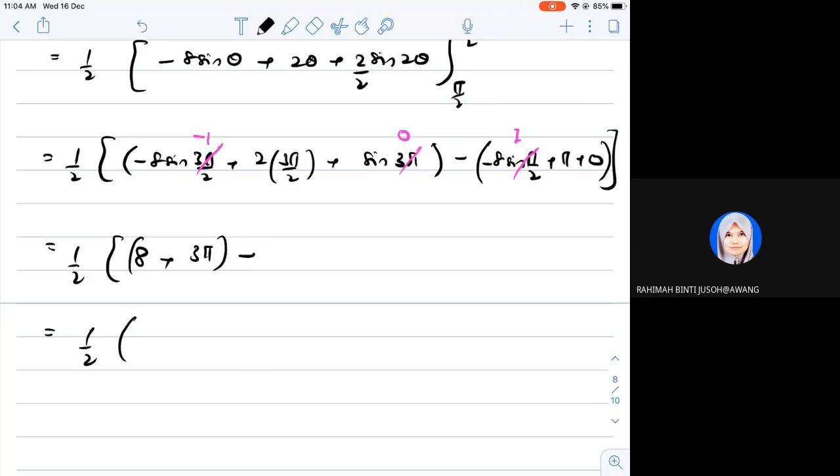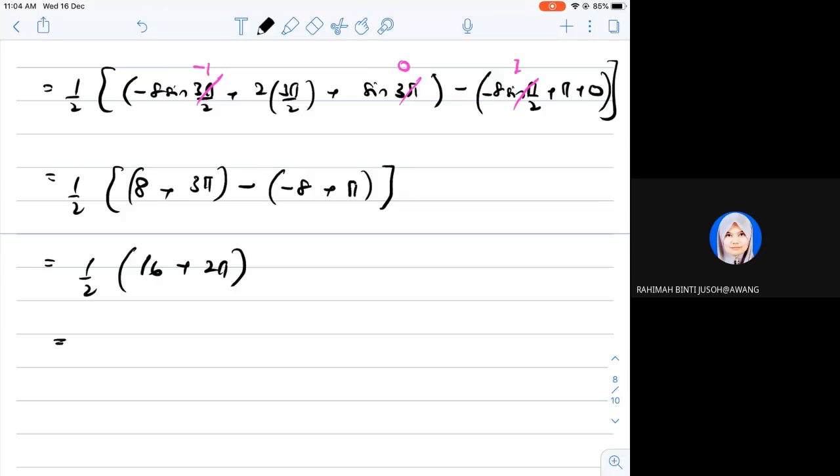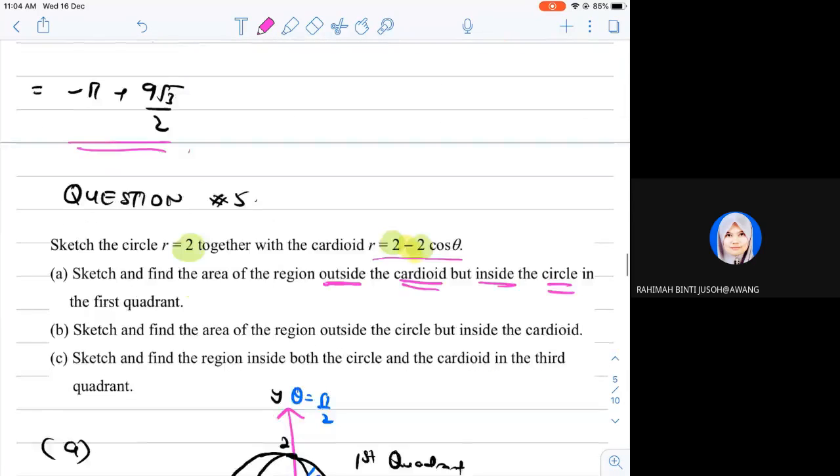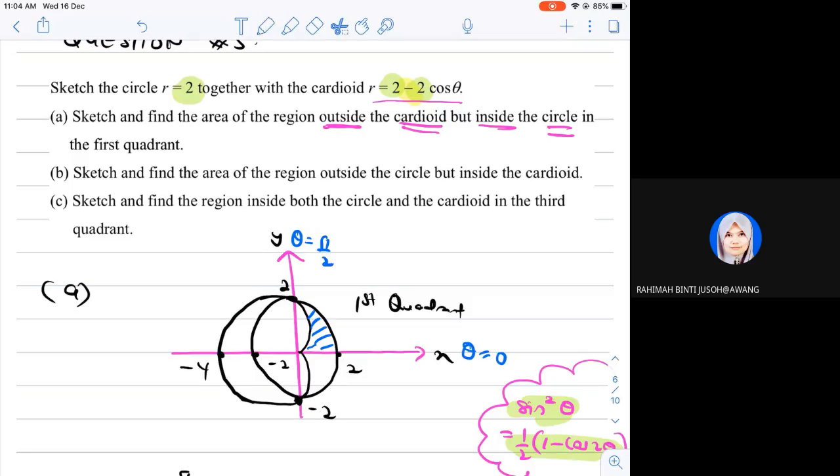Ini settle, yang ni tambah negatif 8 dengan tambah pi. Macam tu. So 8 plus 8 should be 16. 3 pi minus pi. 3 pi minus pi is 2 pi. So divides by 2, 8 plus pi. Okay, so we get this. This is the answer. Understand, guys? Faham. Okay, good. All right. Question C.